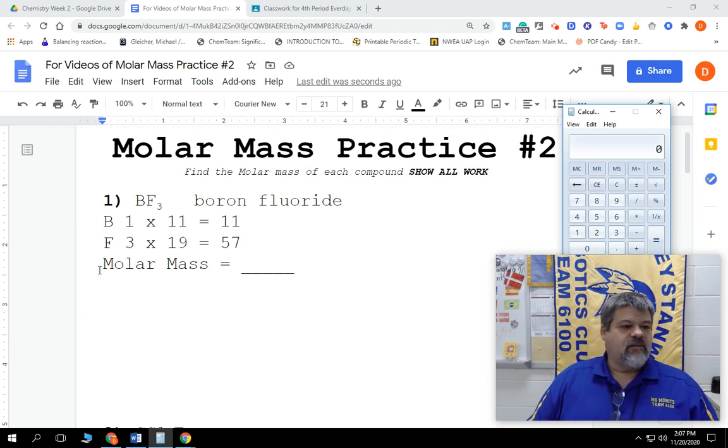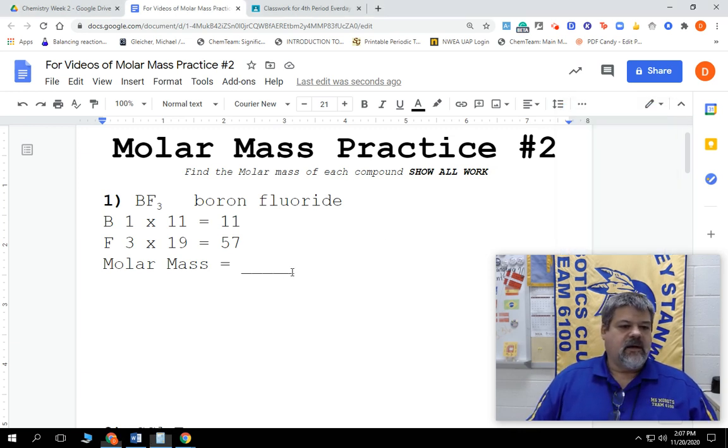Now we have to figure out the molar mass, so we're going to add these up. On the calculator, 11 plus 57 equals 68. Let's double check that one: 11 plus 57 equals 68. So we're going to say that is 68 grams.